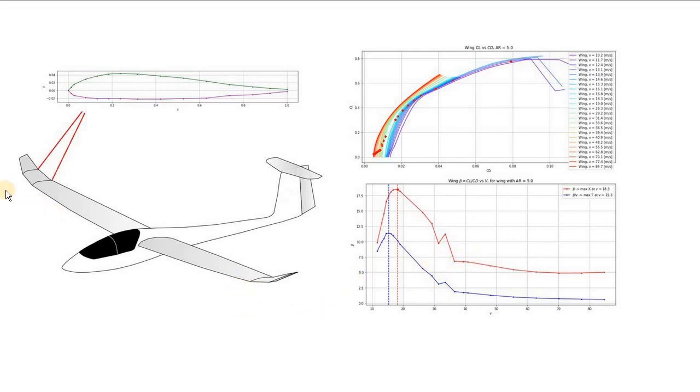I can change the aspect ratio of the wings, and I know exactly how it's going to affect the plane performance, and so on. So before, the plane was in a way a black box to me, but now the light of knowledge is shining bright through this darkness, and I see exactly what's inside.